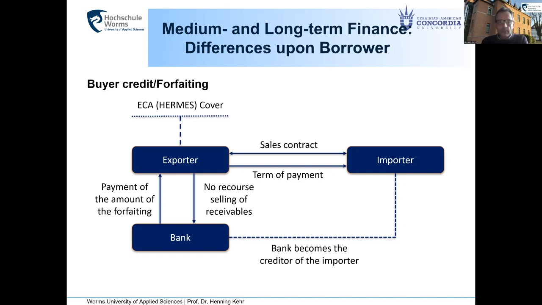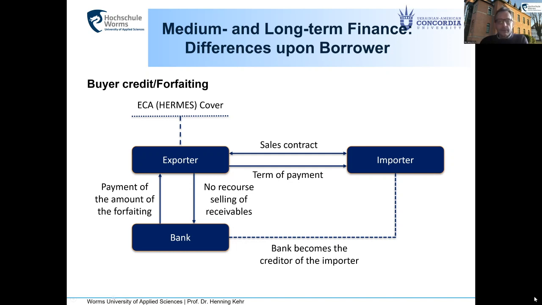What does Hermes or an export credit agency do? They take the country risk, or insure the country risk, so that the exporter does not have to take the risk, and therefore the bank is also willing to grant a loan or to finance, because it's not a risk or a lower risk for them.